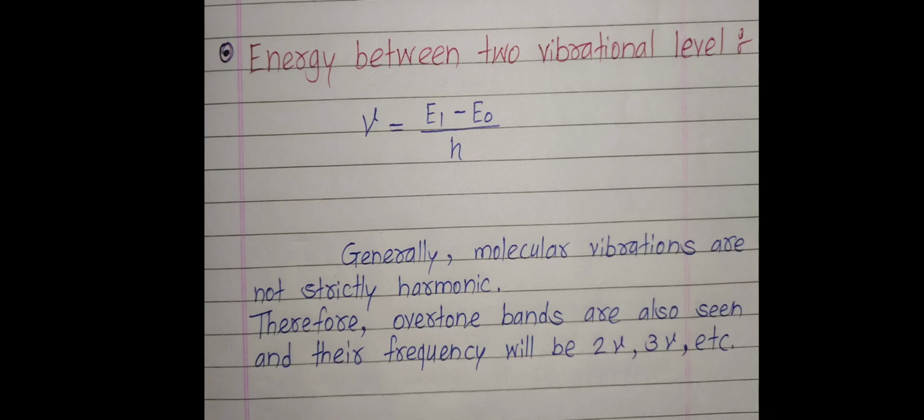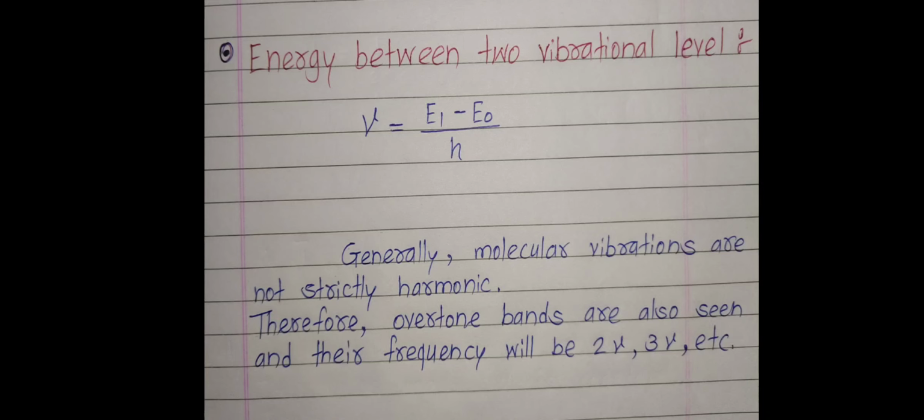When a molecule undergoes transition from the lowest vibrational level to the succeeding level, the frequency of exciting radiation is given by the equation ν = (E1 − E0)/h.